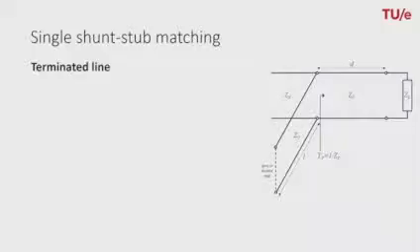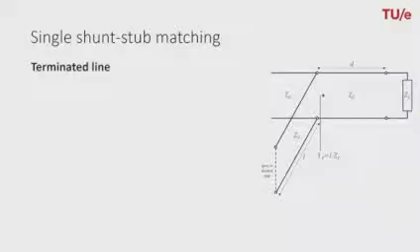In between, we add a transmission line with a length D with the same characteristic impedance, Z0, and at the end of this transmission line, we have the termination, and at the beginning of this transmission line, we have a shunt stub, which can either be open or short-circuited. And the shunt stub has a length L to be determined.